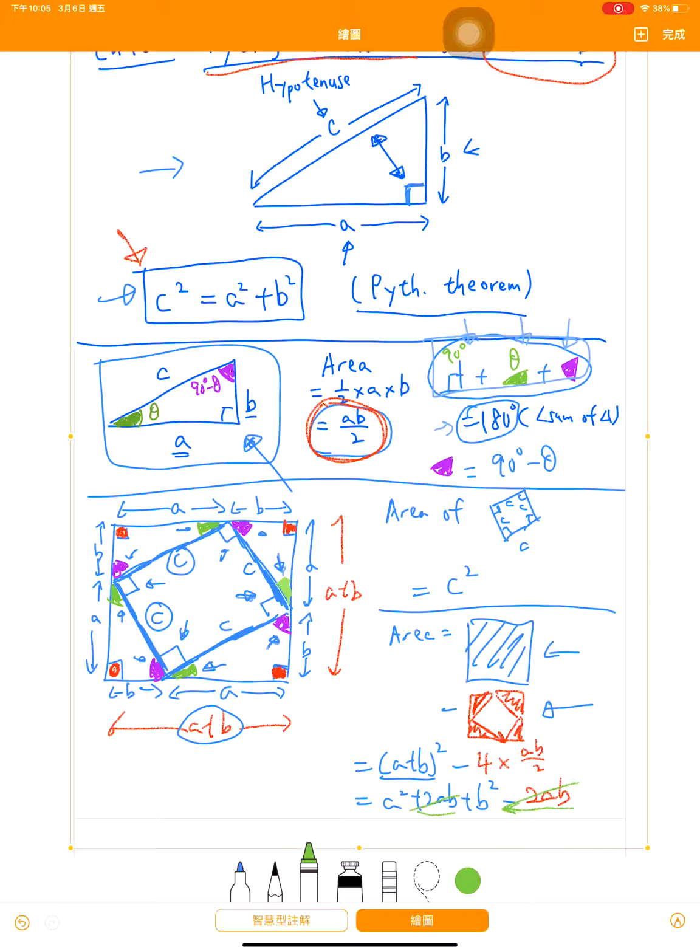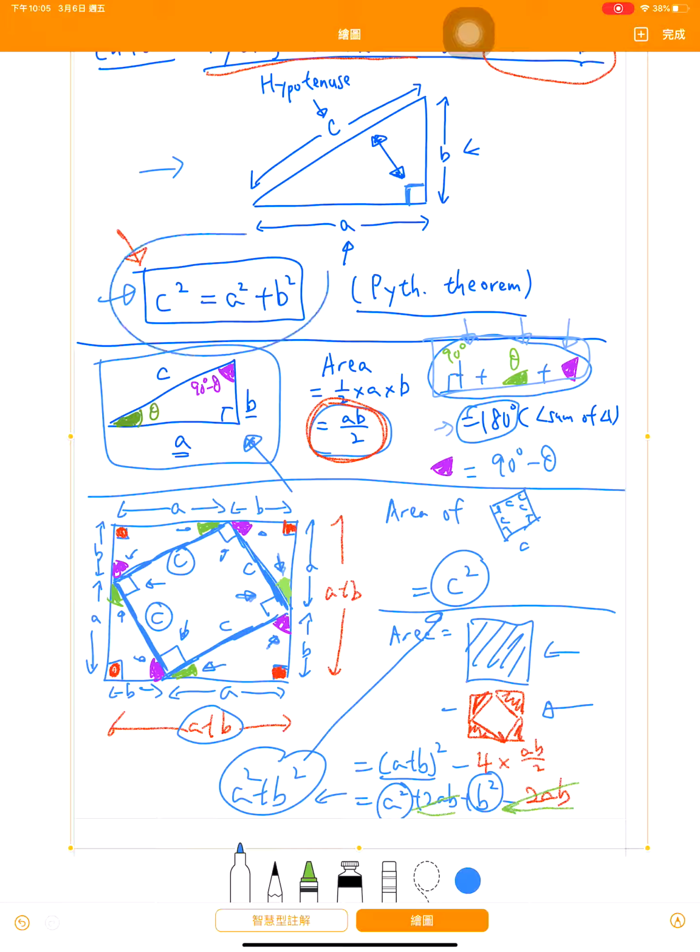So we can see in this length we have a squared plus b squared, and it's equal to the c squared here, right? We are talking about the same area, so we have proved the theorem that c squared is equal to a squared plus b squared. So that is one of the proofs of the Pythagoras theorem.